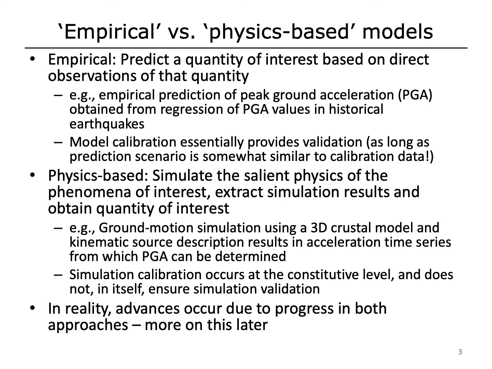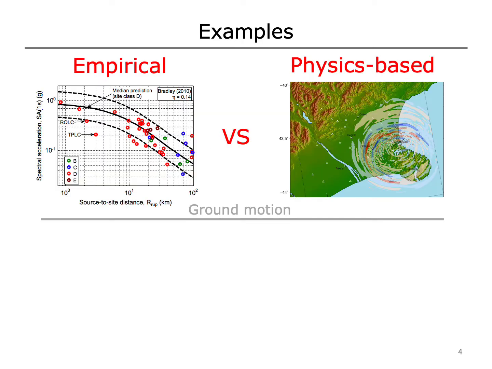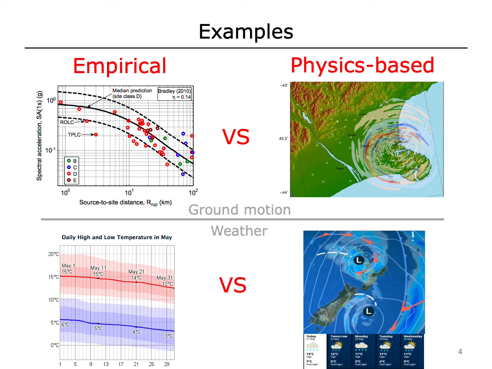While there's often this exaggerated dichotomy between these two methods, in reality advances occur due to progress in both approaches, and I'll talk more about this later in terms of how they can be used. Just to make some of those abstract concepts a little bit more concrete, here's an example comparing ground motion versus weather.